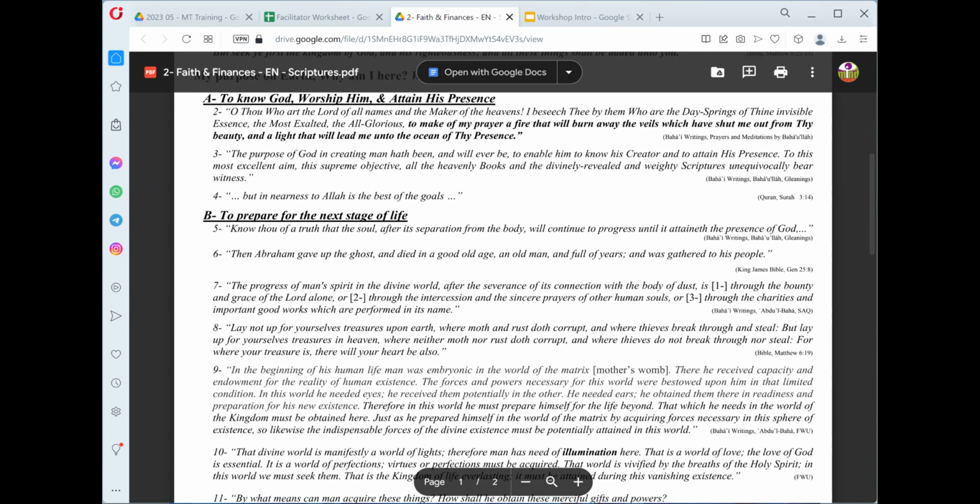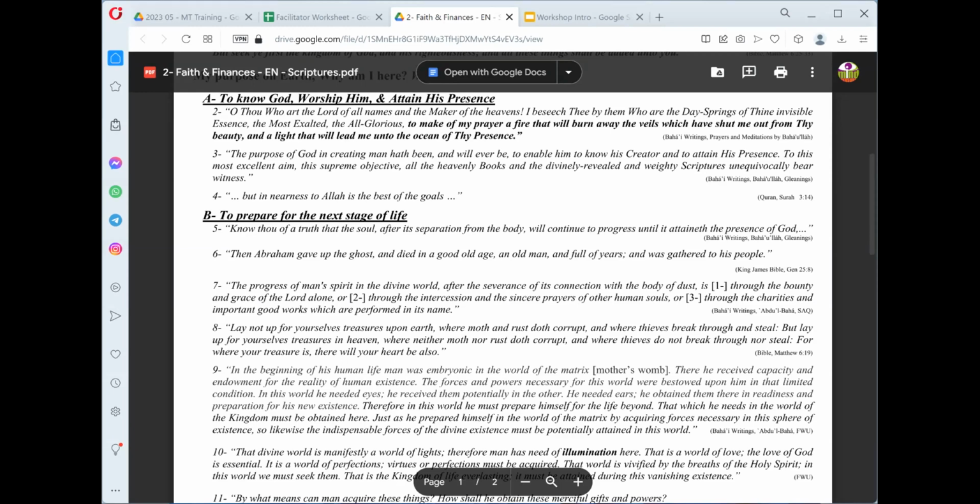To know God, worship him, and attain his presence. O thou who art the Lord of all names and the maker of the heavens, I beseech thee by them who are the day springs of thine invisible essence, the most exalted, the all glorious, to make of my prayer a fire that will burn away the veils which have shut me out from thy beauty, and a light that will lead me into the ocean of thy presence.